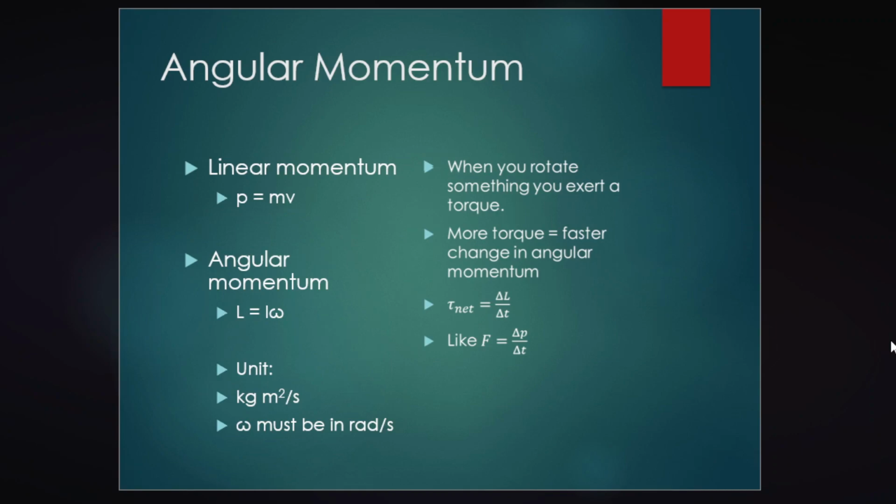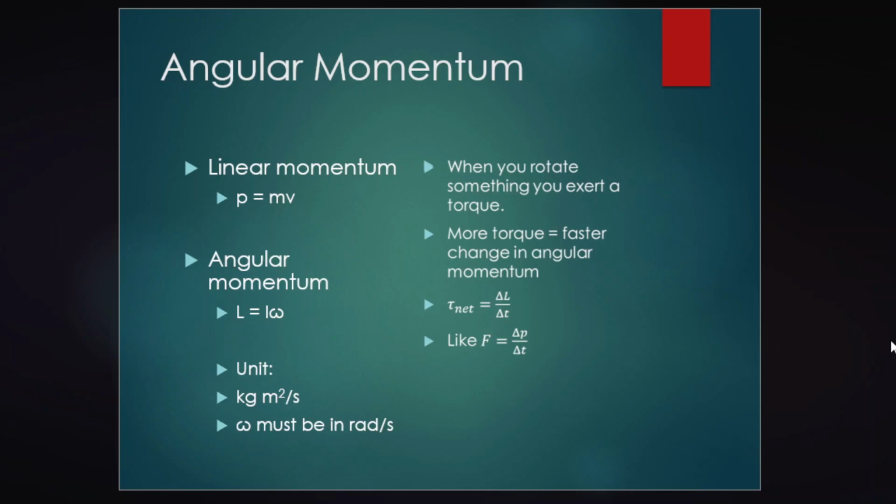And last but not least, we have angular momentum. Linear momentum is mass times velocity. So our analog here for angular momentum is L instead of P. And that is, instead of mass, we have the moment of inertia, and instead of a linear velocity, we have angular velocity.